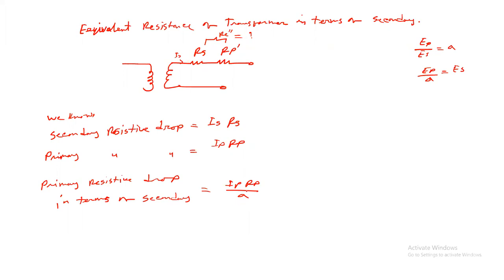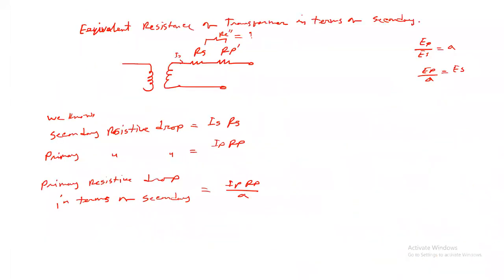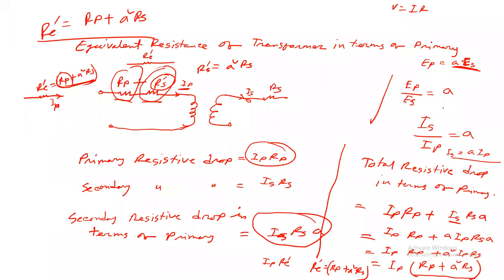Okay, so this is clear. Now this is our previous one, this is the multiplying, but this is the division. This is the difference. This is IS RS.